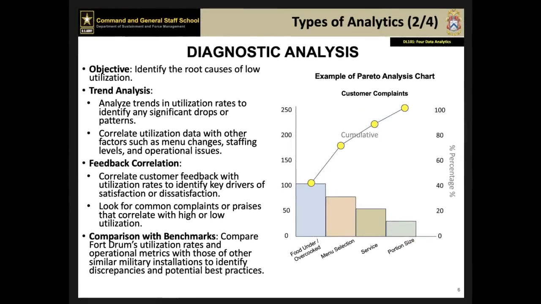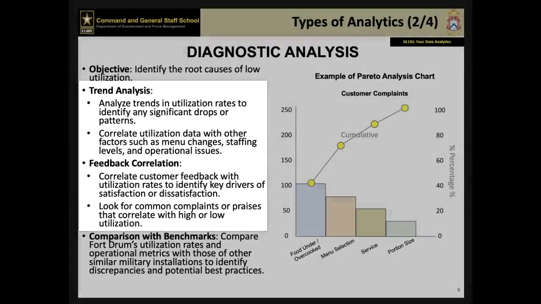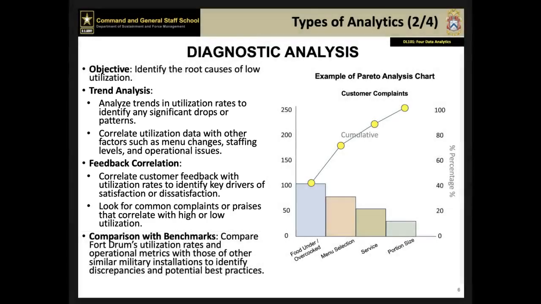Diagnostic analysis in this scenario focuses on identifying the root causes of low DFAC utilization. To diagnose our dependent variable, DFAC utilization, we examine the relationships among different factors looking for correlations and associations. It's unlikely that one single factor explains DFAC utilization, so it's important to be thorough.